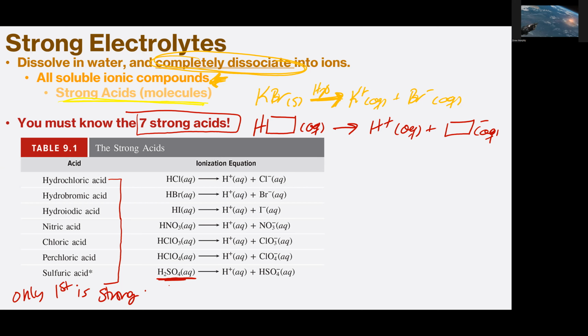The second is weak, and we'll come back to that more in Gen Chem 2 when we talk about acids in a lot more detail. So we have to know these 7 acids. Notice they all dissociate completely, so their equation just goes to the right.